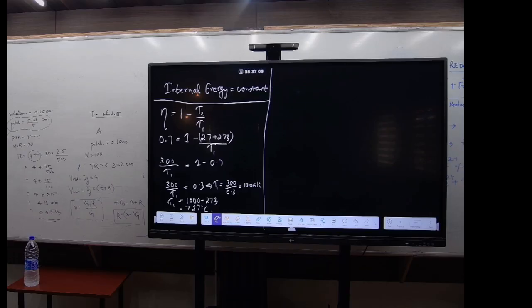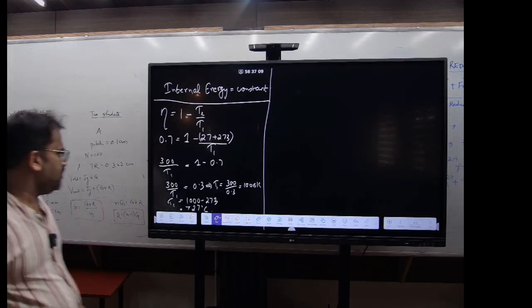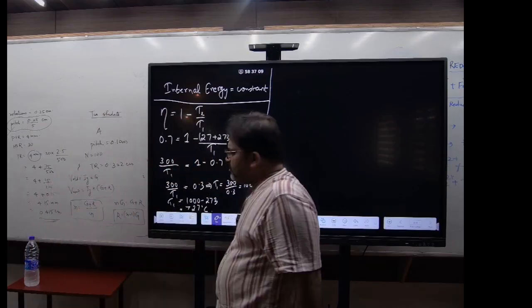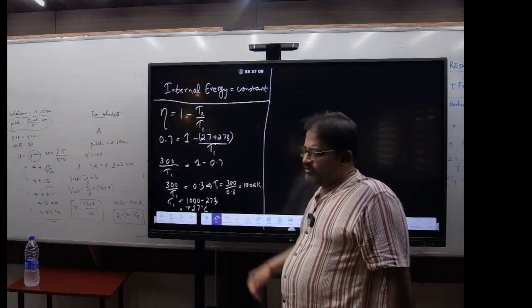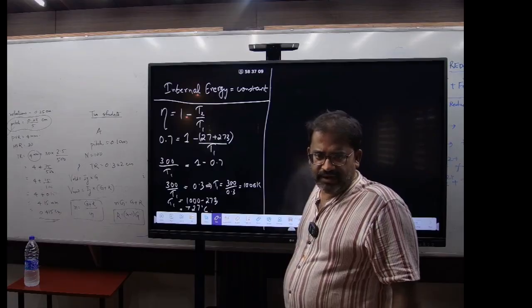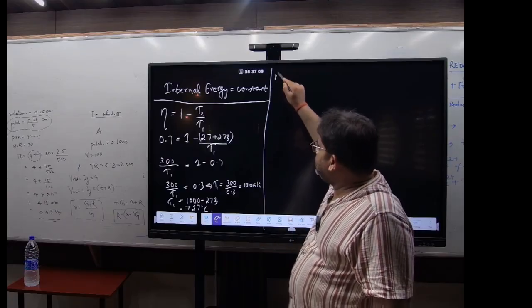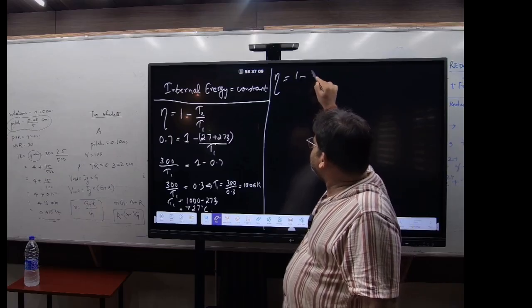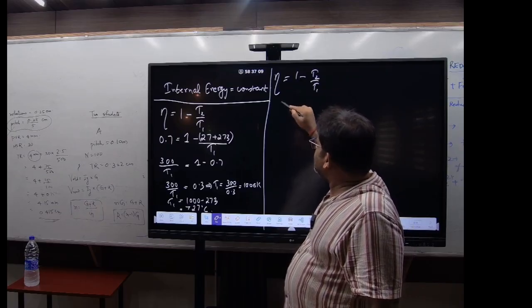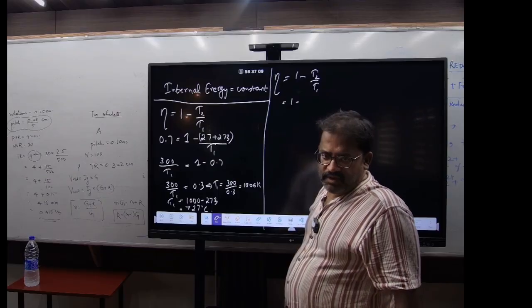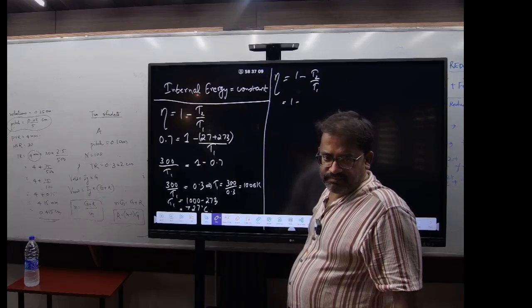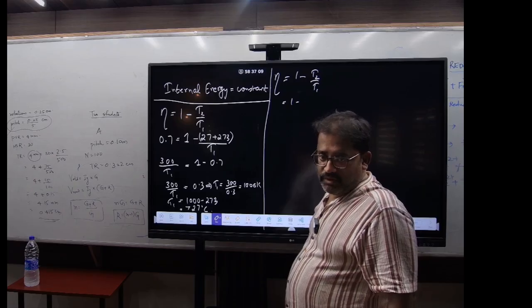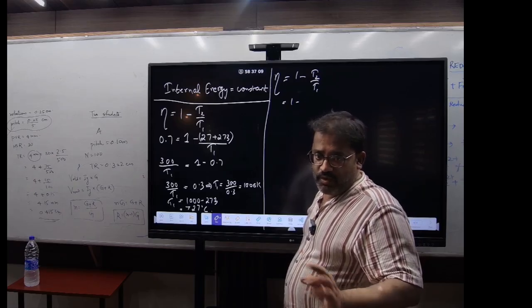What might be the answer? So direct formula. Same thing we have to substitute. Instead of eta, we have been given T2 and T1. So eta is equal to 1 minus T2 by T1. So that is equal to 1 minus, T2 is how much here? No, as I told you, lower value put.